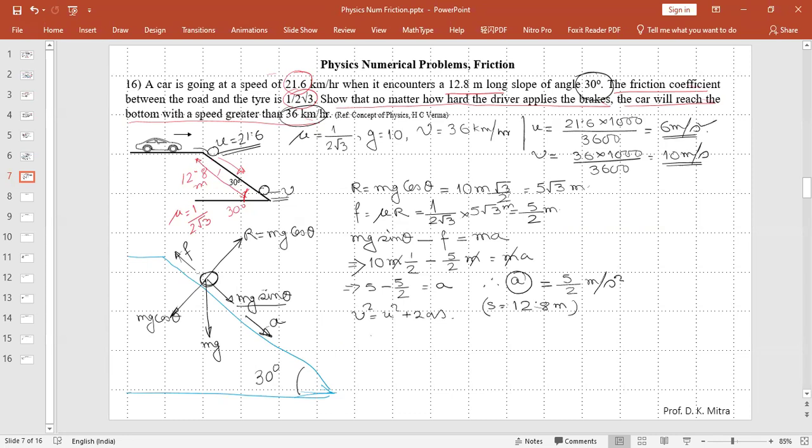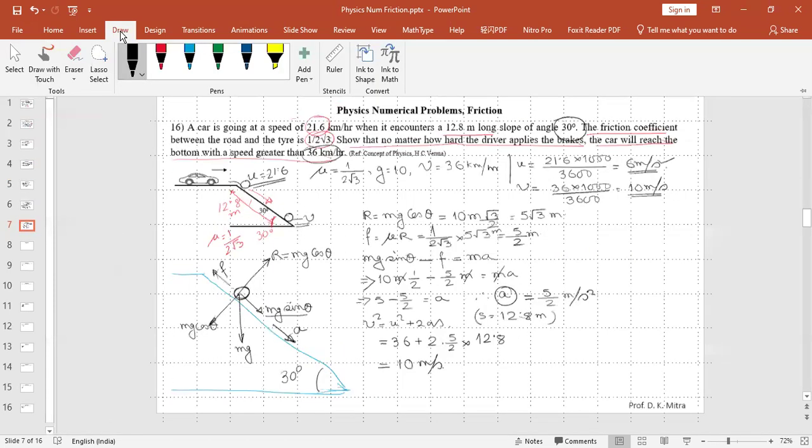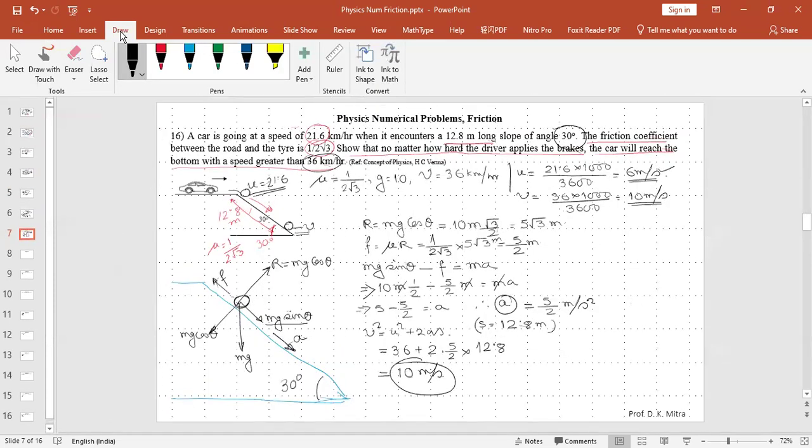Therefore, final velocity v squared is equal to 6 square, that is 36, plus 2 multiplied by acceleration A, 5 by 2, multiplied by S, 12.8. Here you will find V is equal to 10 meter per second.